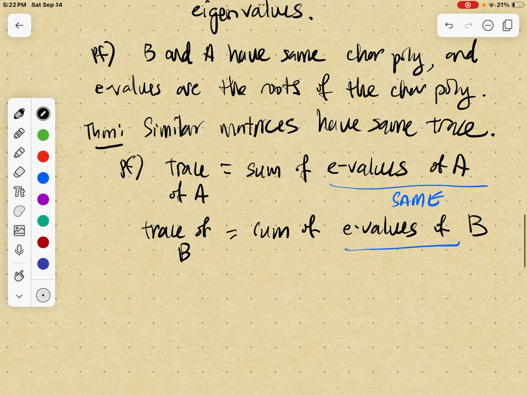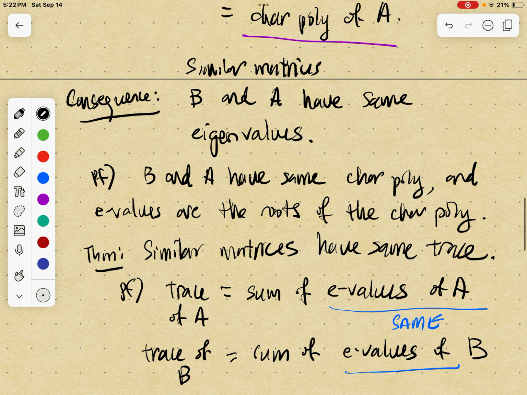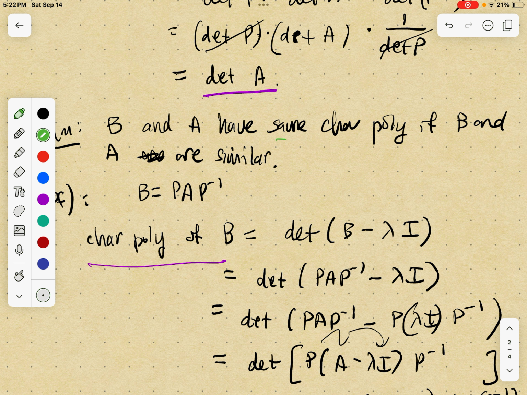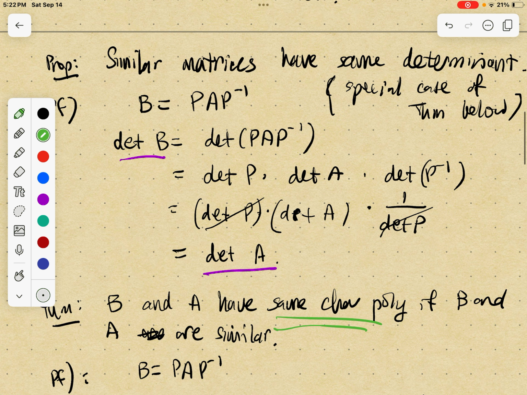And so what this means is, similar matrices aren't necessarily the same matrix, of course, but they have the same trace, they have the same characteristic polynomial, and they have the same determinant.